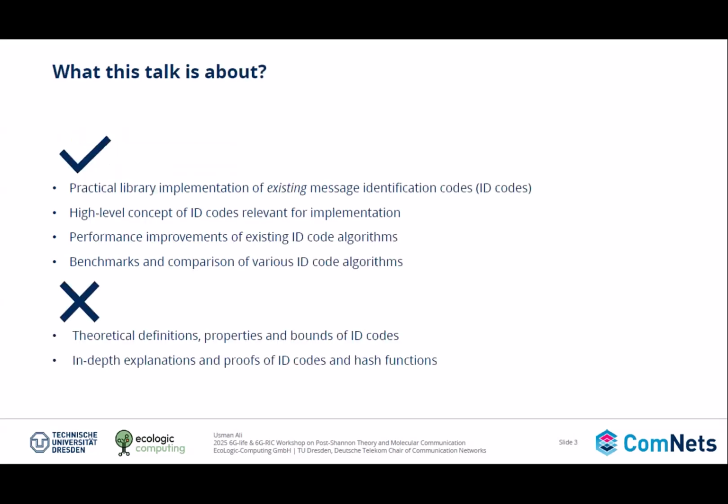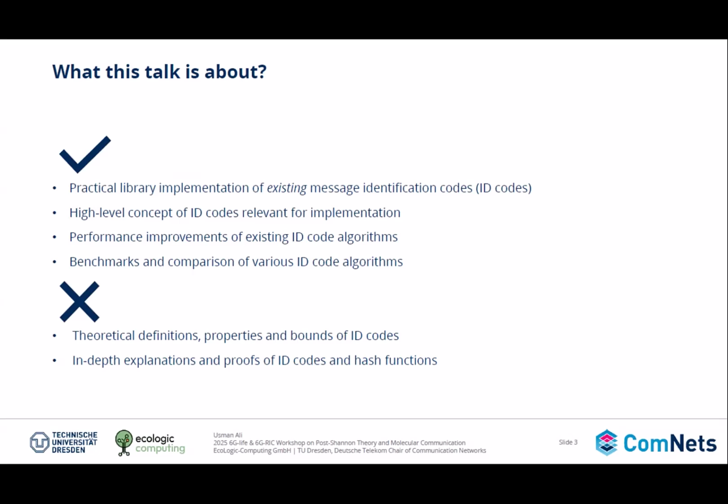So in this talk, I'll focus mainly on the practical aspects of the development of the ID codes and look just on a general level at how we can treat them as abstractions. So from an implementation point of view, how do we look at these codes and how can we then use some of the library features in C++ or other programming languages?